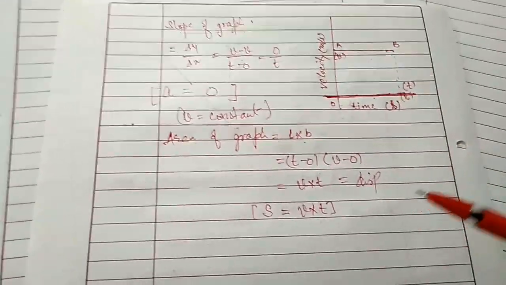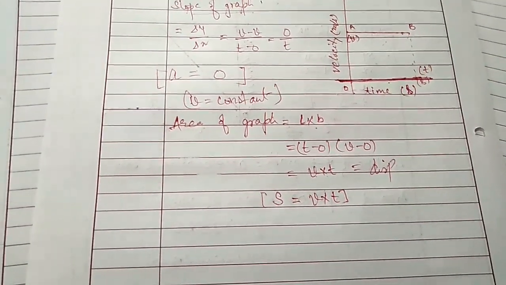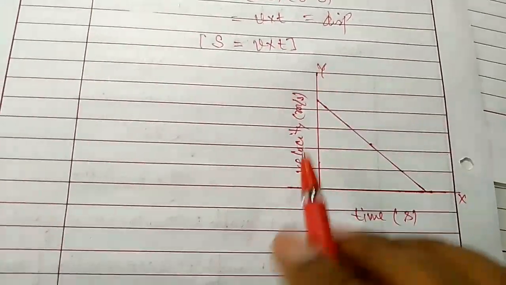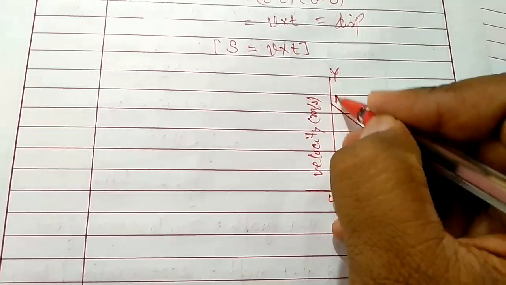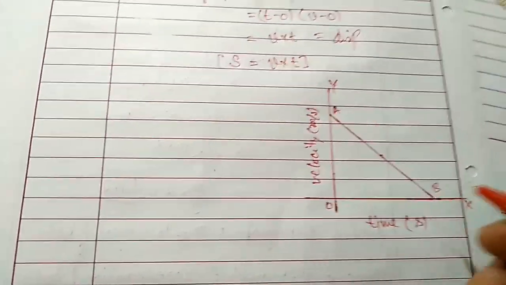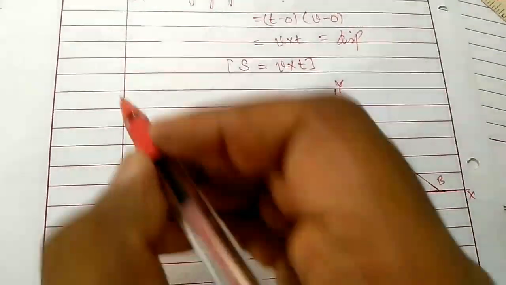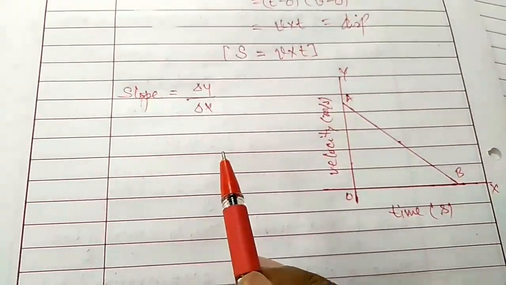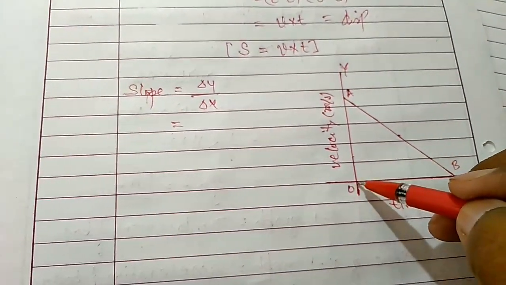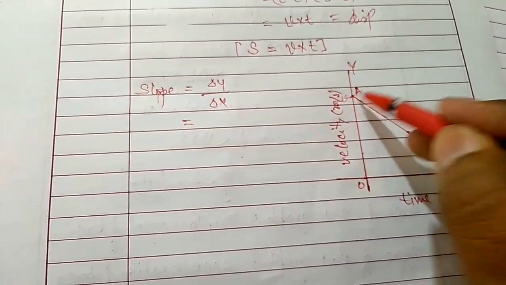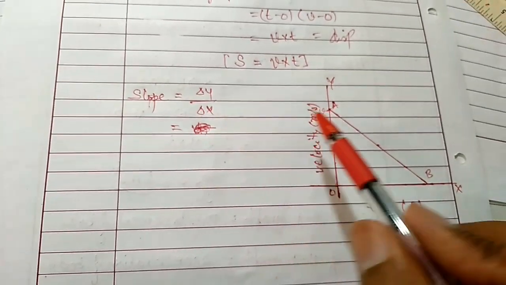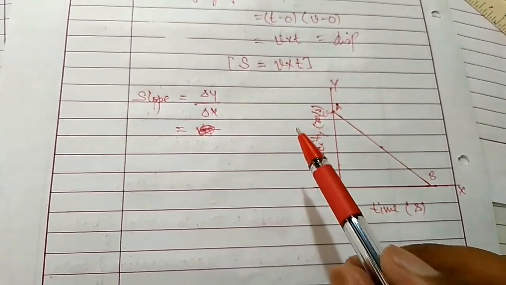Now next, if it is declining. Again, if the graph is declining here, let this point be A, and this point be B. What are we going to calculate first? Slope. Slope is equal to del y upon del x. Del y means change on y-axis. Suppose the initial value is V. Del y means final minus initial.